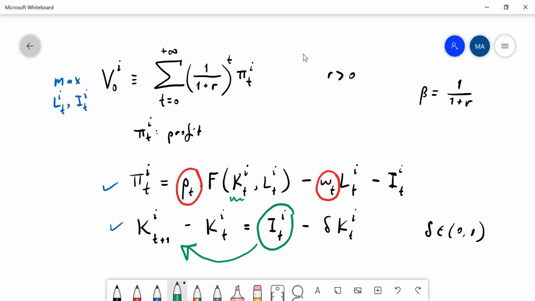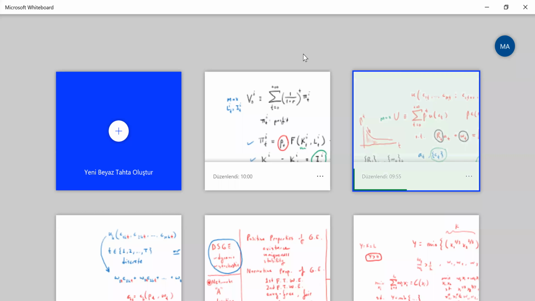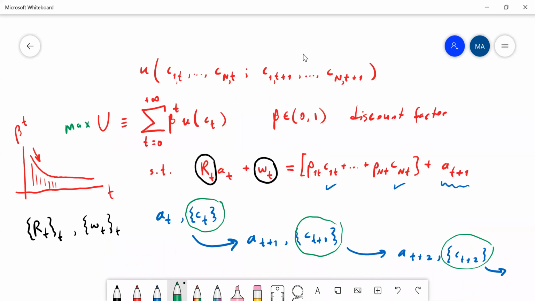Look at this. In the case of the consumer, let me show you again. My consumption today affects my asset stock tomorrow, and that asset stock, of course, in the second period, you will have this, right?